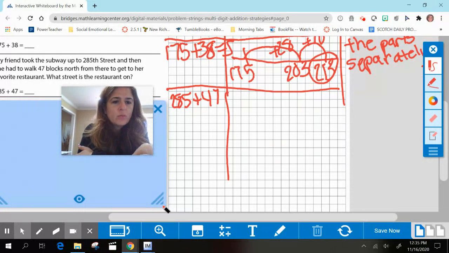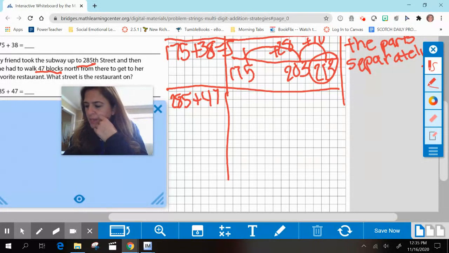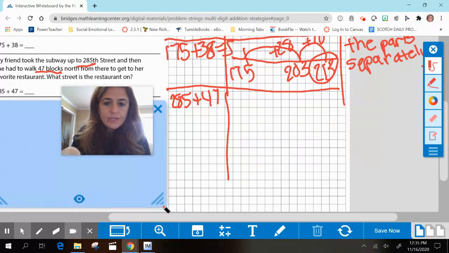My friend took the subway up to 285th Street and then had to walk 47 blocks north from there to get to her favorite restaurant. Oh my gosh, that's a long walk. But you know what? They do it. So we want to know what street the restaurant is on.